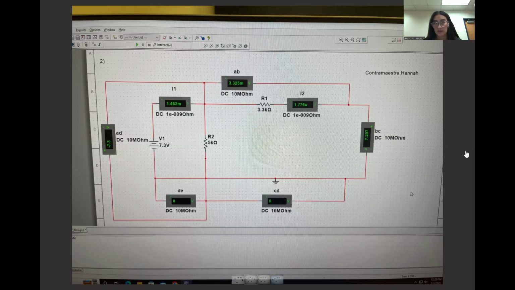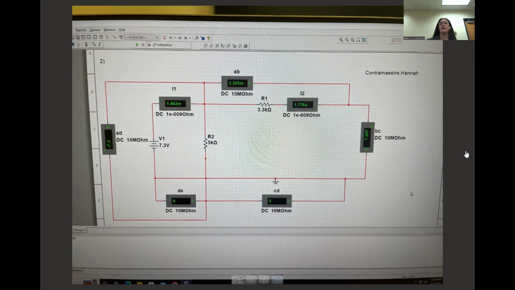And so for number 2, the readings for the indicator should be 0 and for BC should also be 0. But the current that I got for the first one is 7.3 divided by 5 because that's the second resistor, and it should be 1.46.